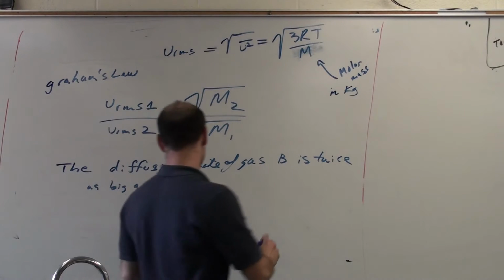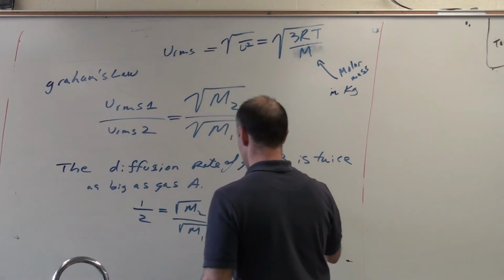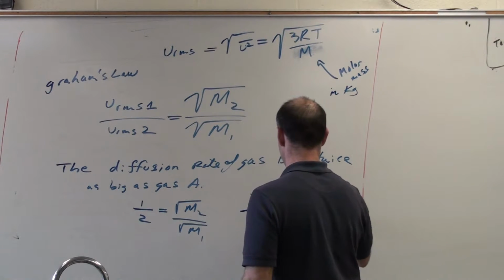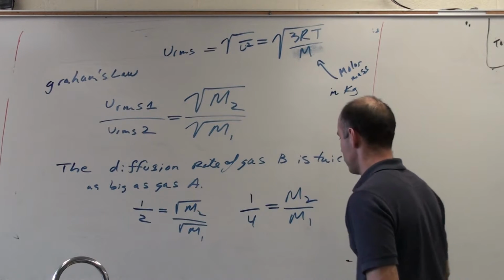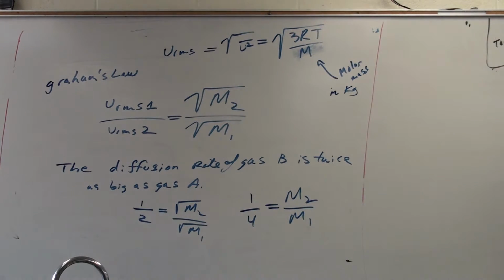So if I square this, what can we say about their relative masses then? Who's bigger, gas A or gas B? Who's heavier? I mean, who's got the bigger mass? B.